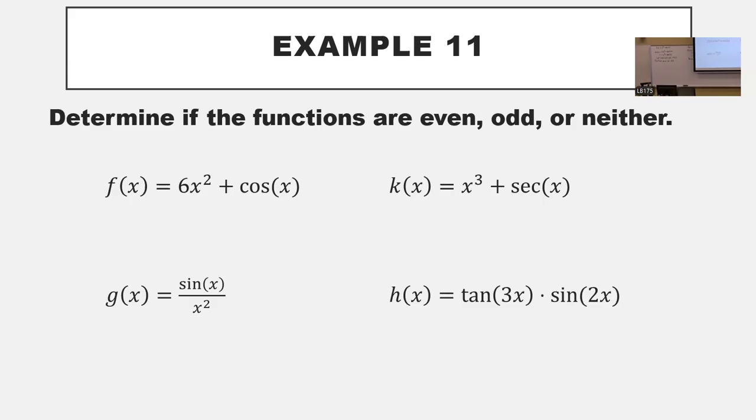Can you follow that? So h of x is going to be even because it is the product of two odd functions. The g of x was odd because it was the quotient of an odd function with an even function.